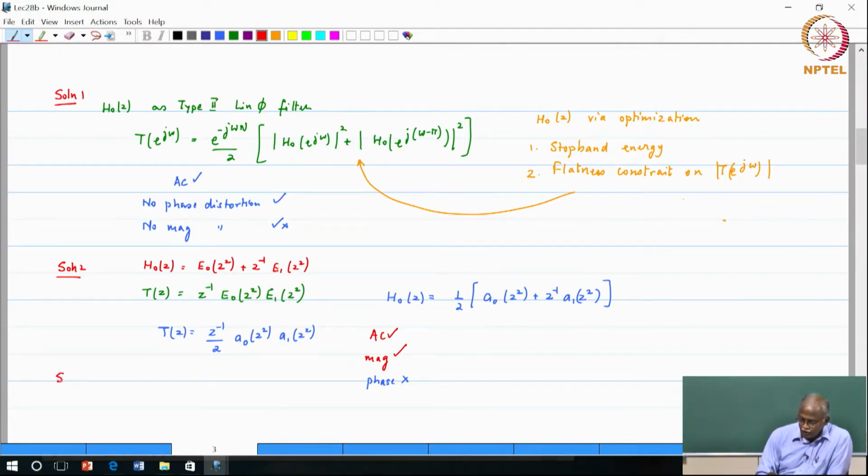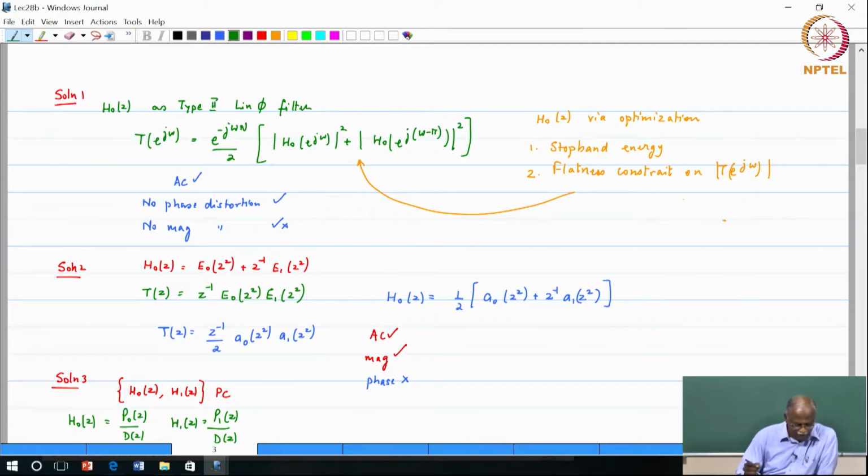We also saw a solution 3 which was of the same genre, where we said that we will enforce the constraint H naught of Z, H1 of Z to be power complementary, and we also said that these filters are IIR filters with certain specific properties. H naught of Z is P naught of Z by D of Z, H1 of Z is P1 of Z divided by D of Z. This P naught is symmetric, P1 anti-symmetric.